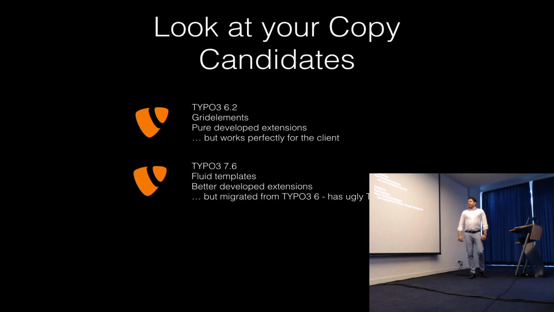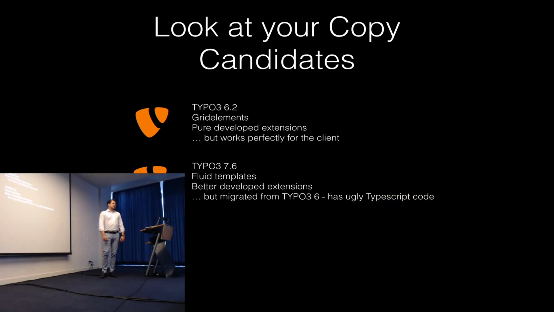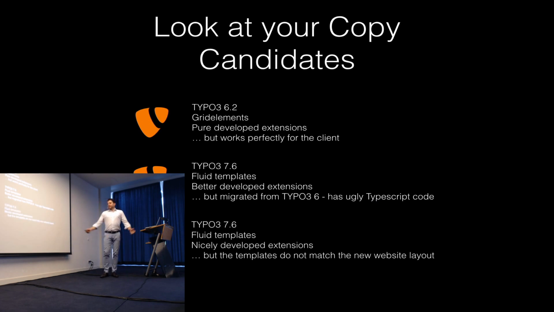We have another project running fine, we have fluid templates, the extensions are developed better, but we migrated it before from TYPO3 4.6, and it has some really ugly TypoScript code, so we really don't want to use it. And another candidate is maybe running 7.6 with fluid templates. The extensions are nicely developed, but at the end, the layouts don't match, and we say no.